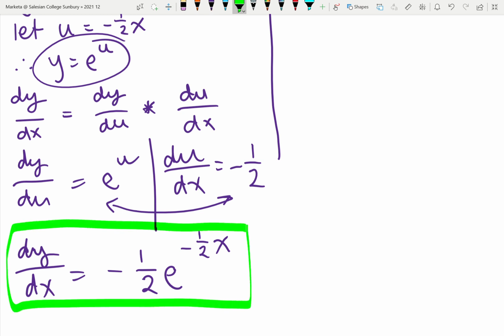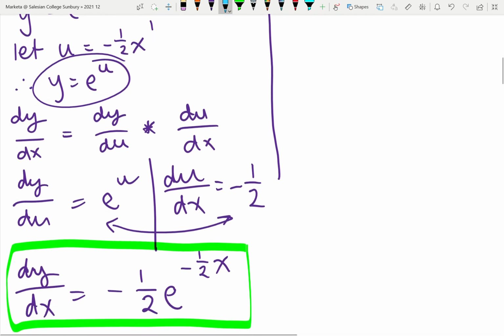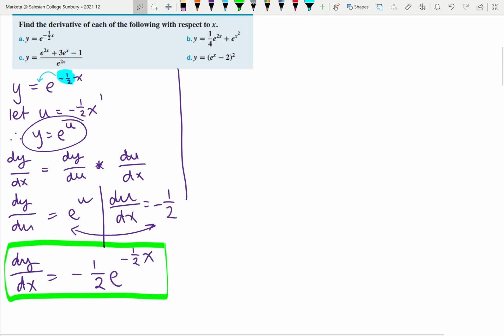And what you'll notice is that the derivative of the power comes out the front. So you don't need to do the chain rule every time, and in fact you shouldn't. It's a bit of a waste of time, but that's why it works. So here is our derivative, and we've got that because of the chain rule, but we can always just take the derivative of the power out the front, and that's what I'm going to do for the remaining three.